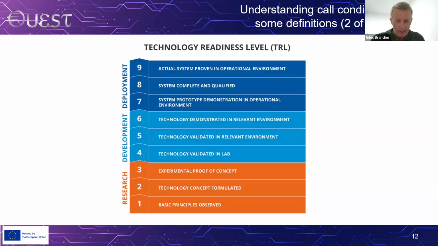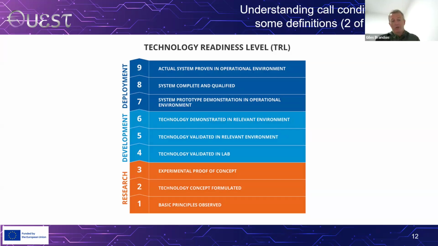If you talked about a technology being at technology readiness level 1, you're saying it's really at the very, very start of any kind of development. In fact, it's just the basic principles have been observed.